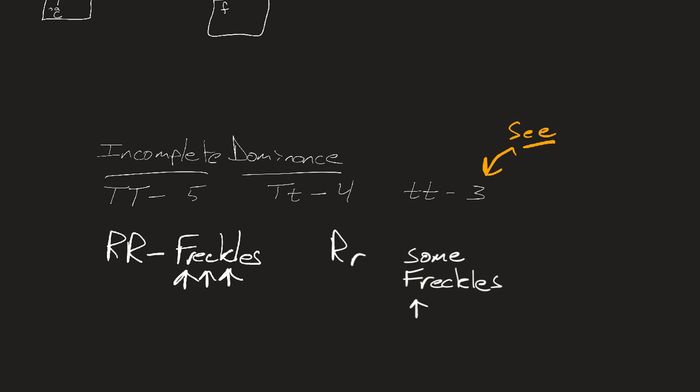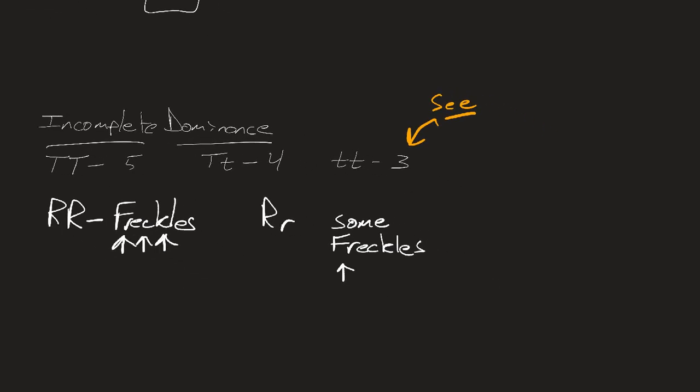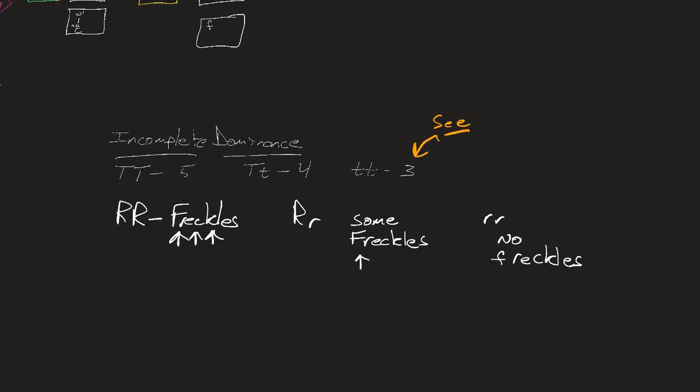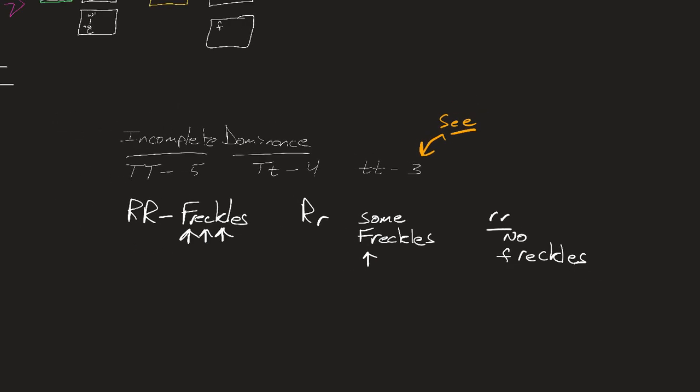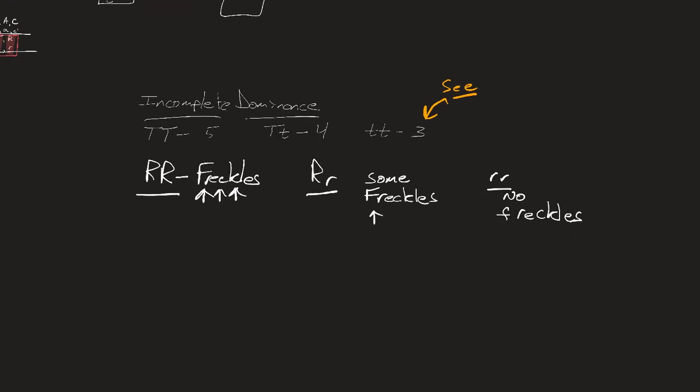So just maybe 1, not as many. And then if you have little r, you have no freckles. Same gene, 3 different alleles. If you get the little r versus the big R versus the heterozygote, each one gives you a different phenotype. Is that clear?